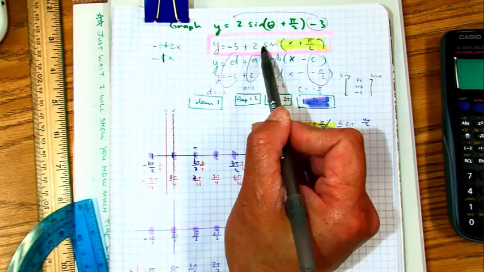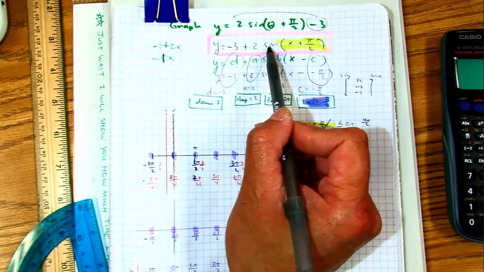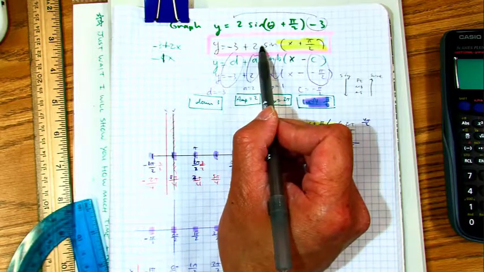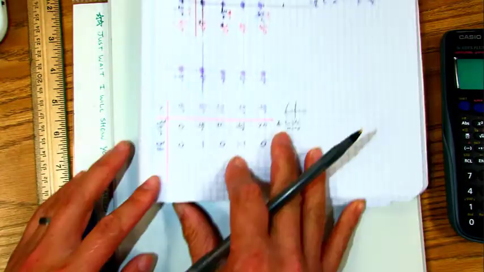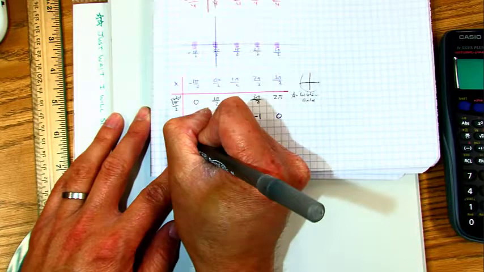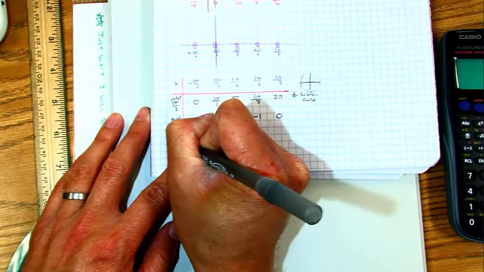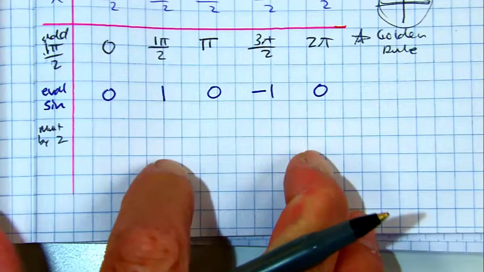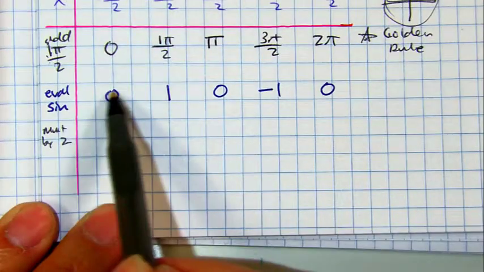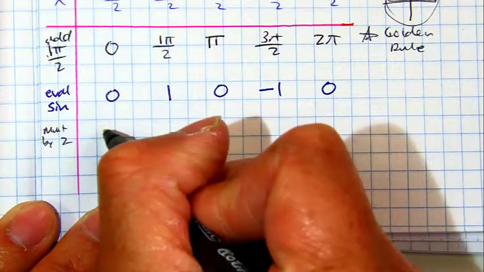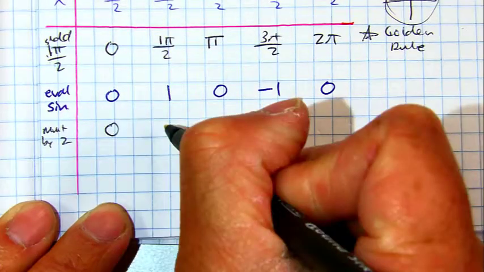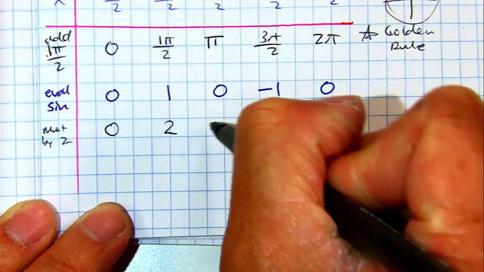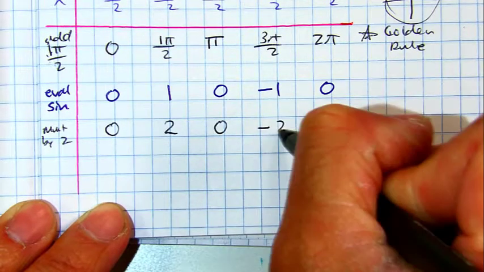The relationship between sine and the 2 is multiplication. So we're going to multiply by 2. Charlotte, go ahead and multiply each of these values by 2. 0, 2, 0. Yep.